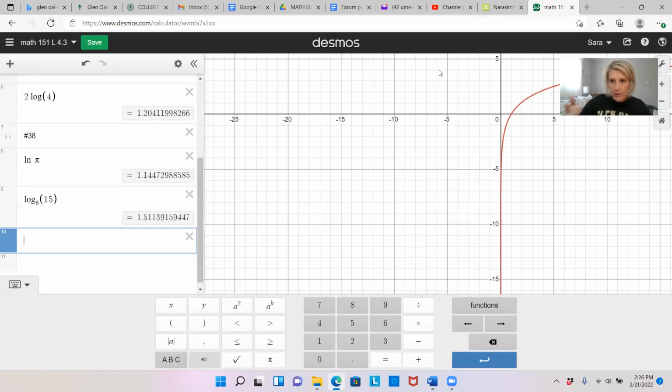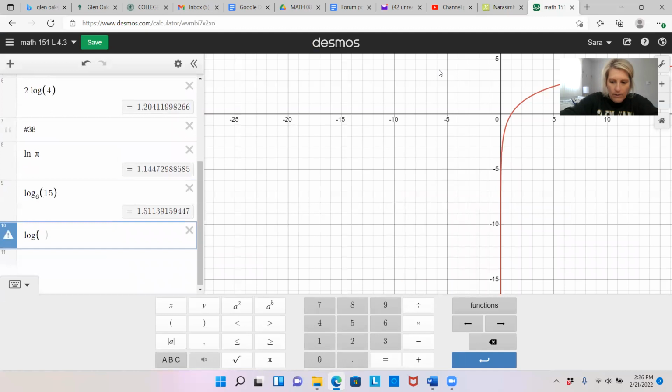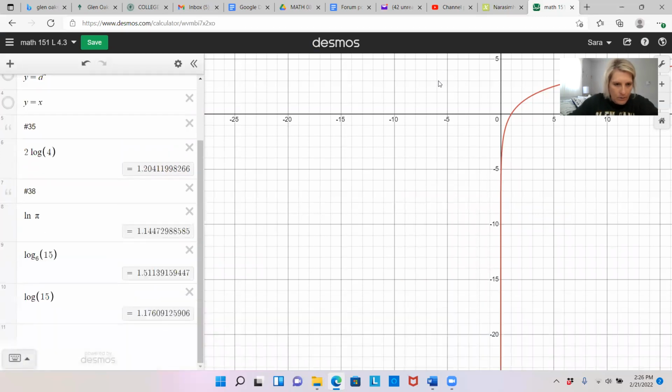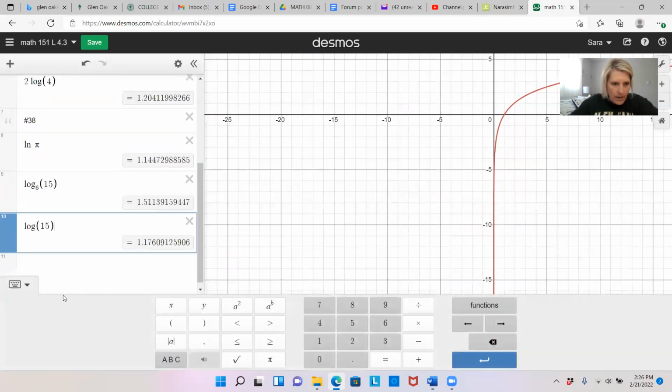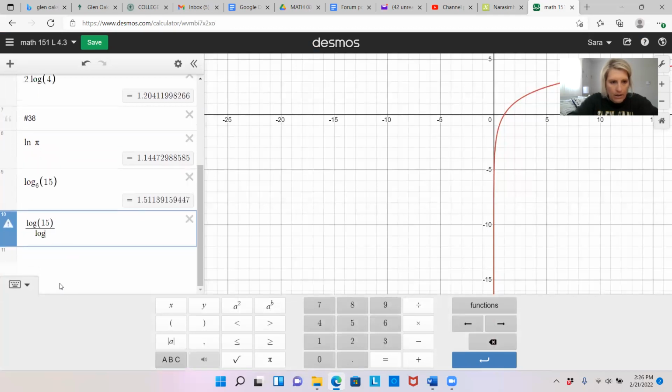But then I can show you how you would use log base 10 to do the same thing. So if you do log of 15 and then we're going to divide by log of 6, it knows to use base 10.